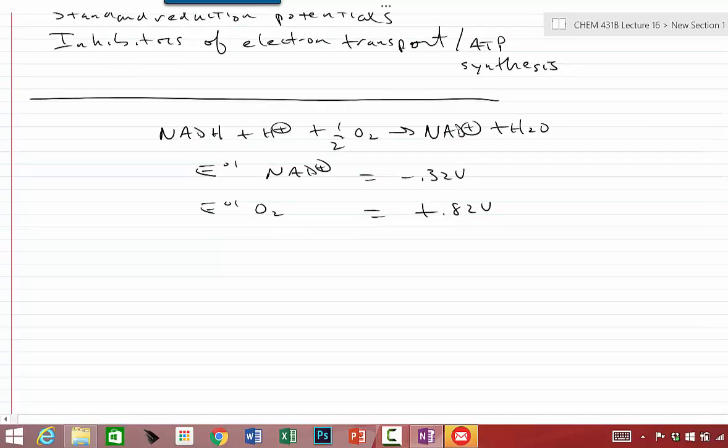And then I showed you this equation where you can relate the change in the standard reduction potential to a change in the standard free energy. So that's shown right here.